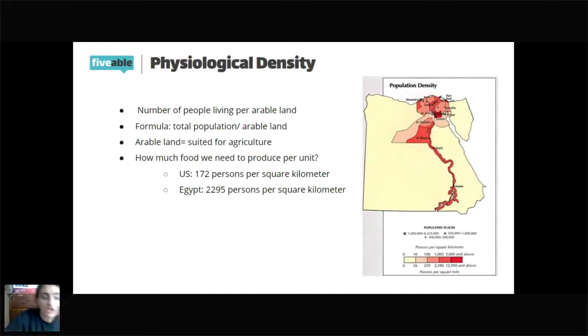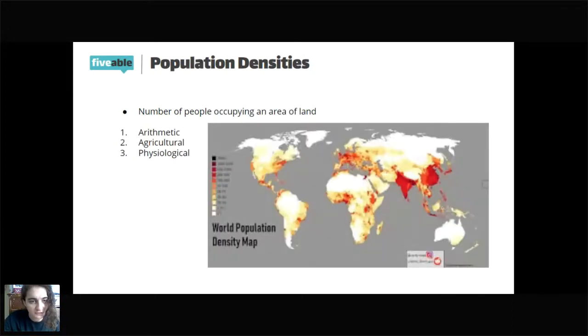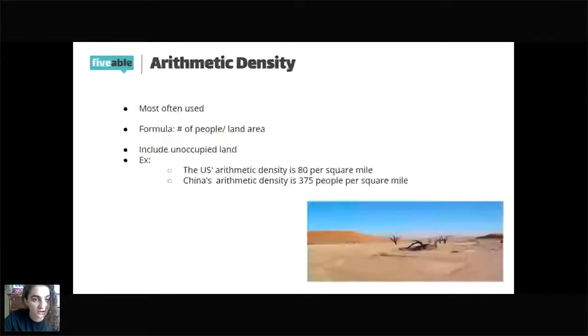Okay, so physiological density is the number. Why do we start with physiological? It's weird. Okay, we'll talk about arithmetic first. Arithmetic density is the most used density, because it's very easy to get. The formula is dividing the number of people by the land area of the country. But this also includes land that is unoccupied.